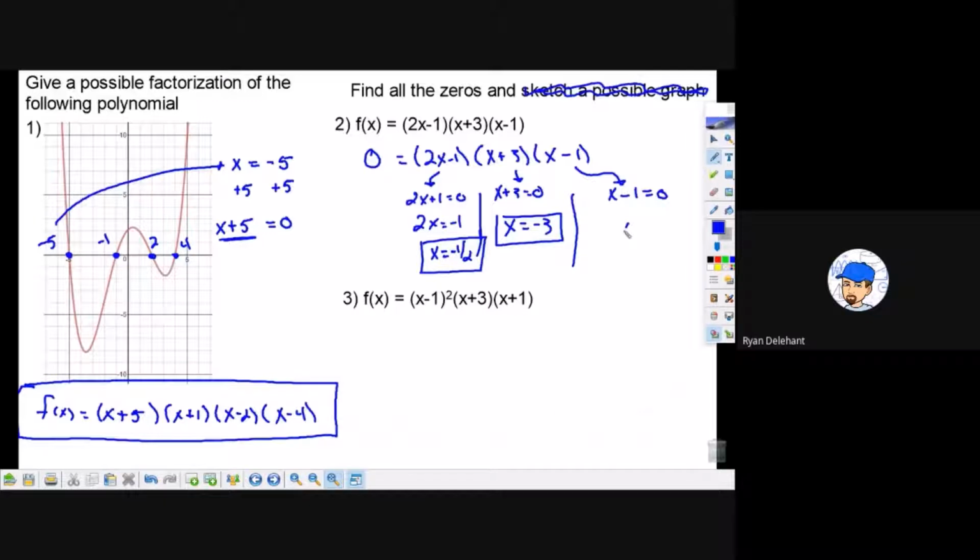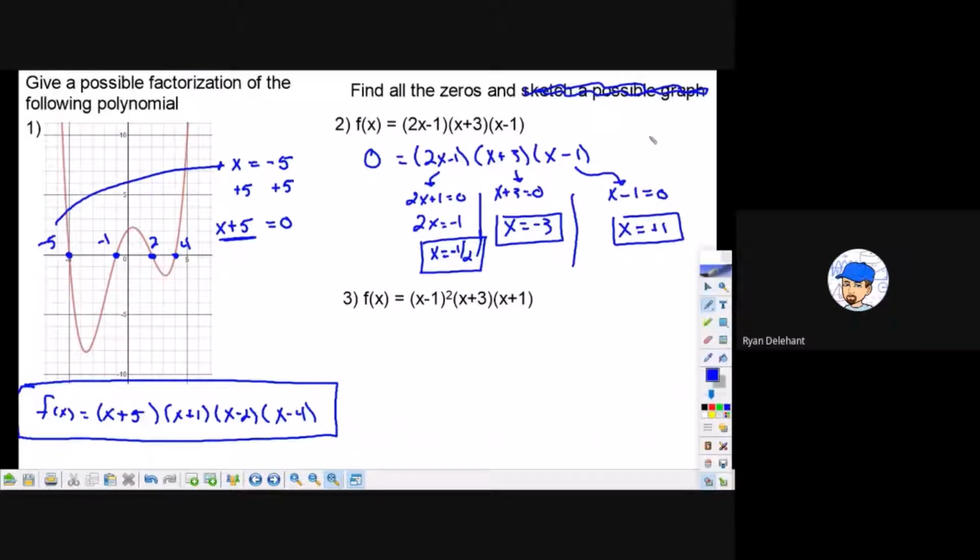And this one's going to be +1. Now, the reason I said we'll leave out the sketch today, we'll eventually work to that. All we really understand right at this point is that this thing is going to cross the x-axis 3 times. At +1, -1/2, and -3.